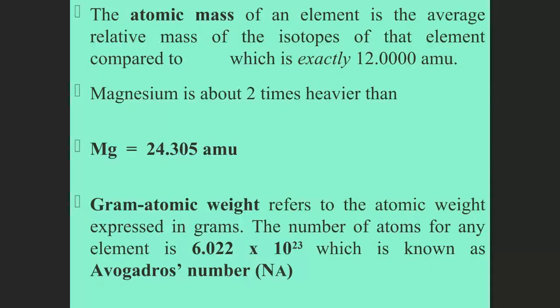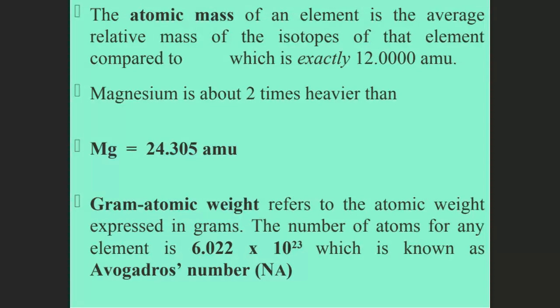So this is how, long ago, after the scientists' investigations, we began to use carbon as a standard, exactly like 12 mass. And we also use AMU, meaning atomic mass unit. Remember, this is the relative.